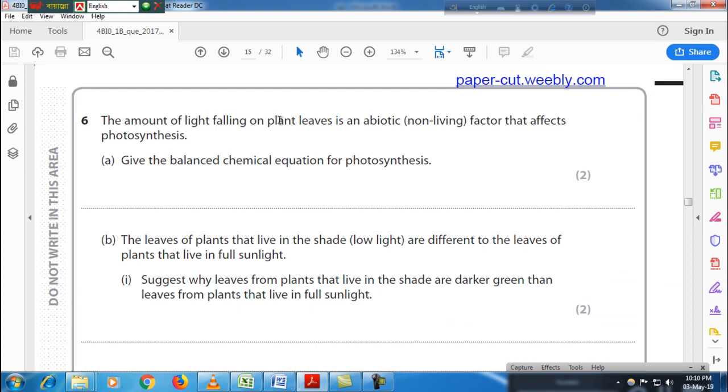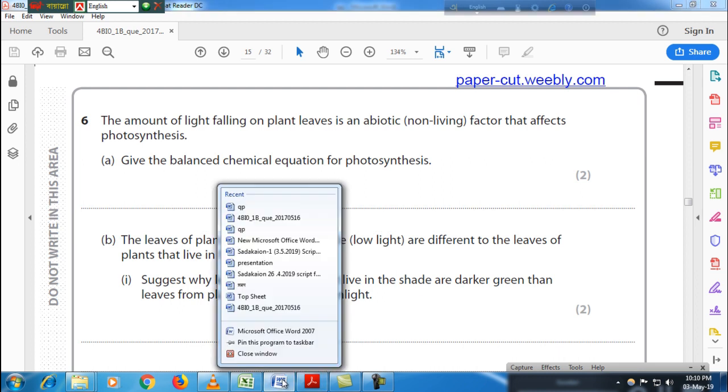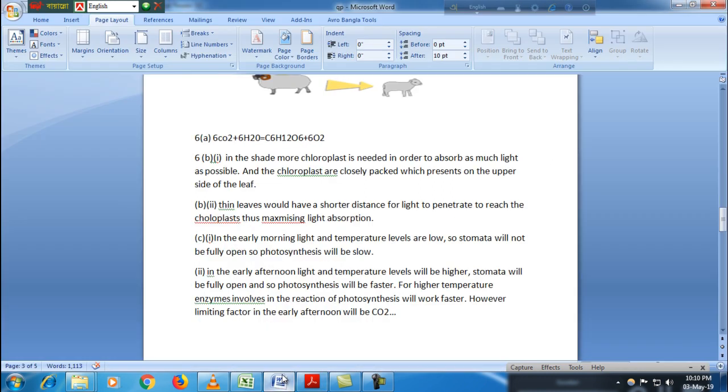Okay, let's go to question number 6. The amount of light falling on plant leaves is an abiotic, non-living factor. As light is non-living, we know that it affects photosynthesis. Give the balanced chemical equation for photosynthesis.